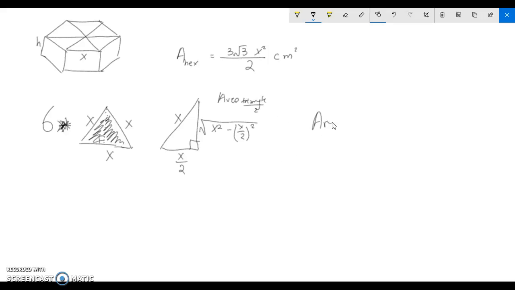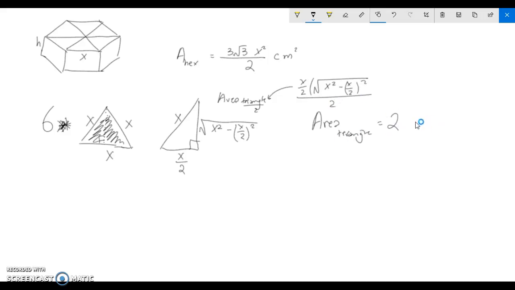So the area of the triangle equals 2 of the area of the triangle over 2, which is width times height over 2.